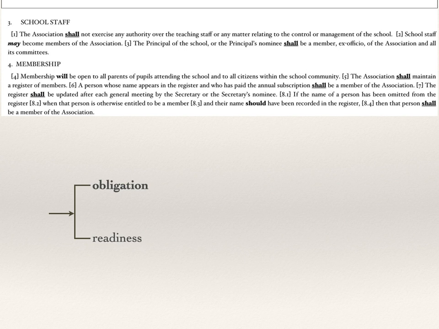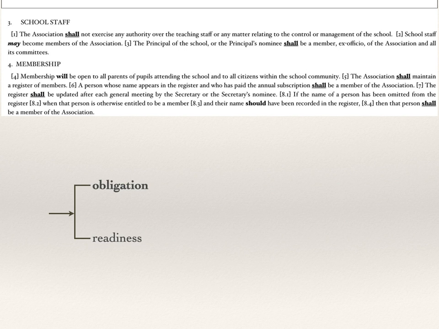This little text is an extract from a school association involving parents and members of the school. And I'll pick up here, section 3, school staff. The association shall not exercise any authority of the teaching staff or any matter relating to the control or management of school. School staff may become members of the association.